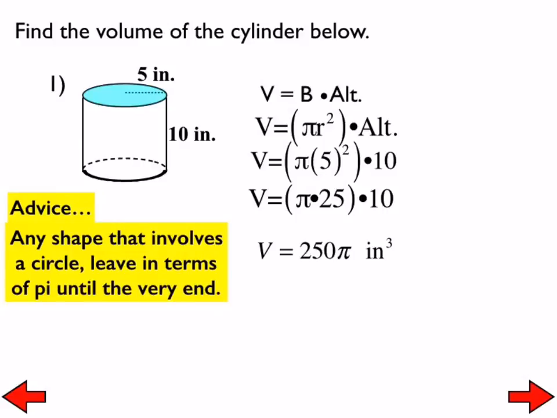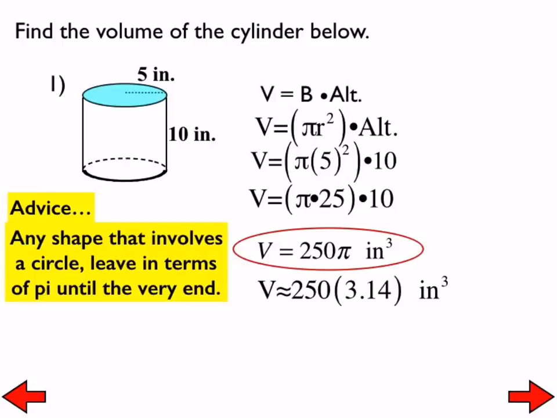I typically, remember, don't make a big deal out of the units in terms of pi. But if you're now asked to find the decimal value, now will be the only time that you would have to multiply by a decimal. So 250 times the decimal value of pi that we typically use, which is 3.14, is approximately 785 cubic inches.